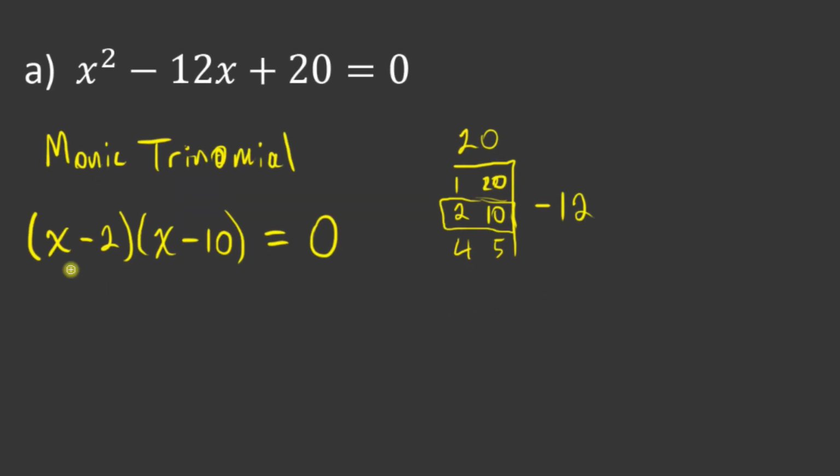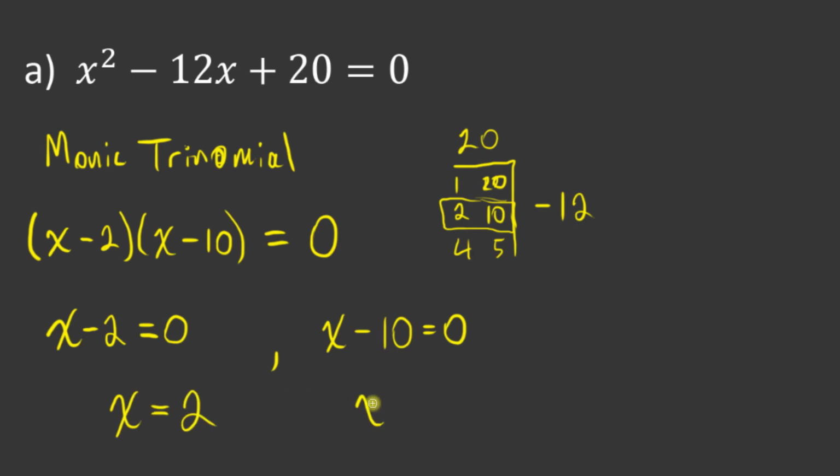What that means is they're already solved on the graph. We think that x minus 2 might be the thing that made this equation equal to 0, or it could be the x minus 10 that made this trinomial or this quadratic equal to 0. So now we solve. x is equal to 2 or x is equal to 10. +2 and +10, just like we saw on the graph. And those are our zeros.